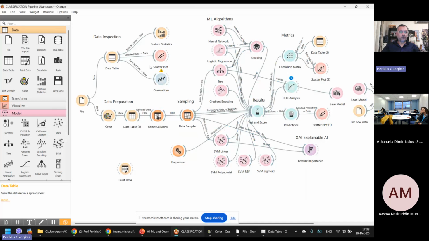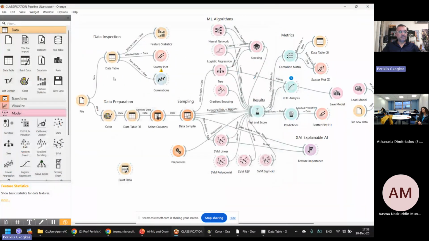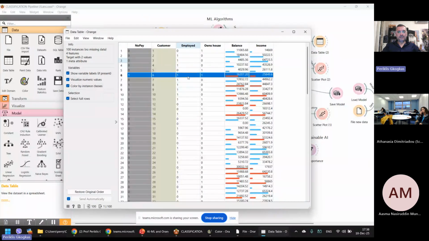So this is only for illustration purposes. The data table. Also, we have for illustration the feature statistics. Let me, because I selected only this, so I get restore original order. Okay.